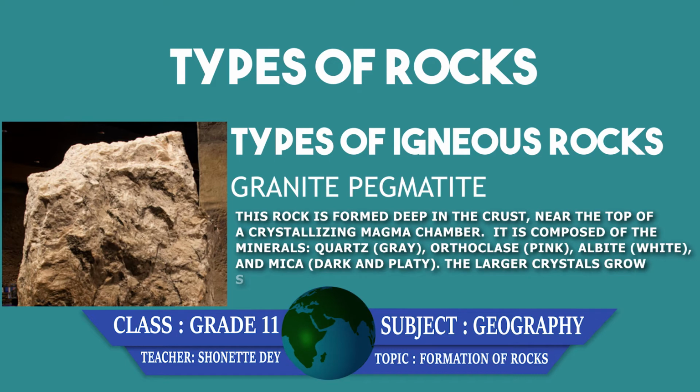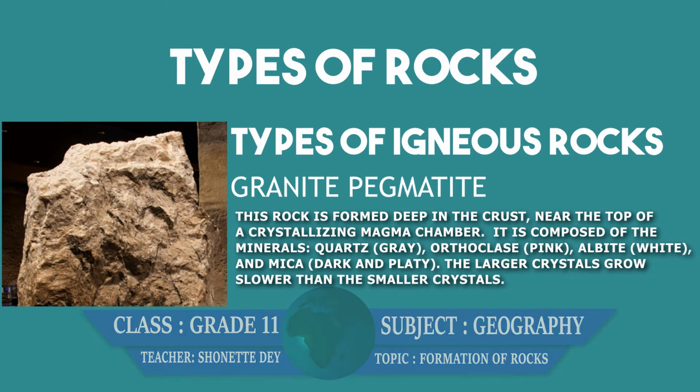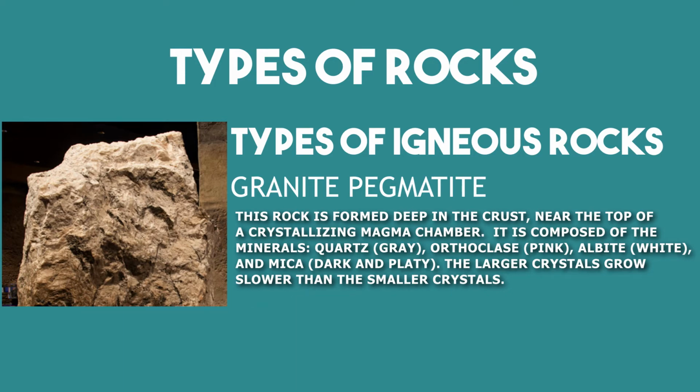It is composed of the minerals quartz, which is gray, orthoclase, pink, albite, which is white, and mica, which is dark and platy. The larger crystals grew more slowly than the smaller crystals. So once again, if you look at that image, you will see a more crystal-looking, crystal-feel type of rock. And this rock is called the granite pegmatite.